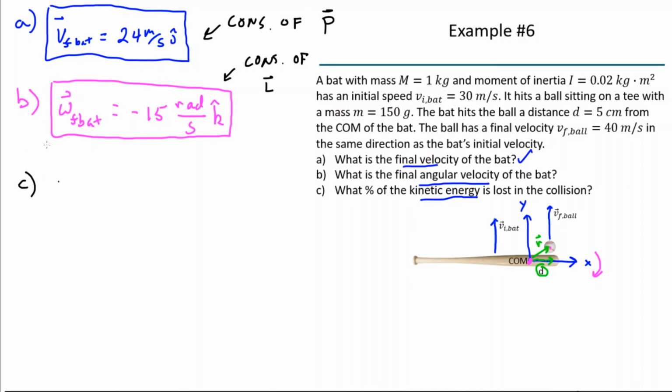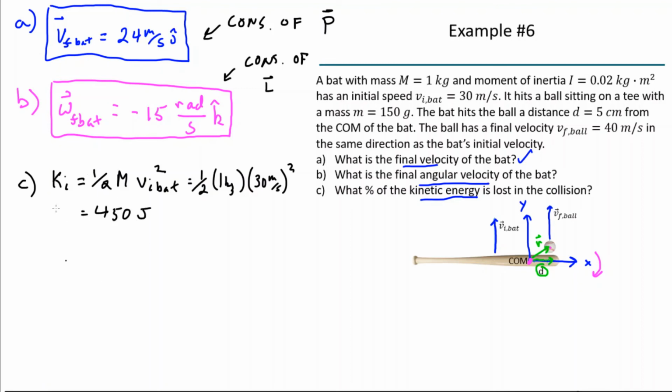Well, to do that, we have to calculate the initial kinetic energy, which is just going to be 1/2 mass of the bat times v initial bat squared. If we plug our numbers into that, that's 1/2 of 1 kilogram times 30 meters per second squared, which equals 450 joules. That's our initial kinetic energy.